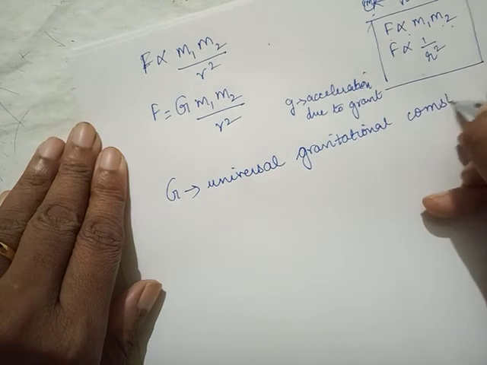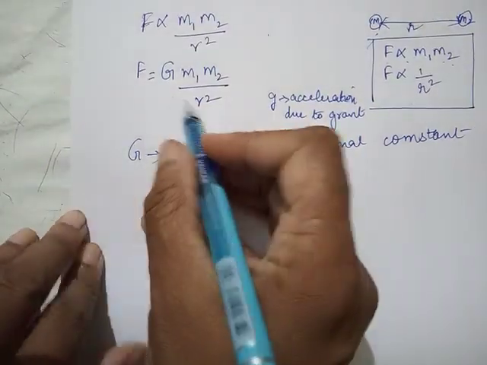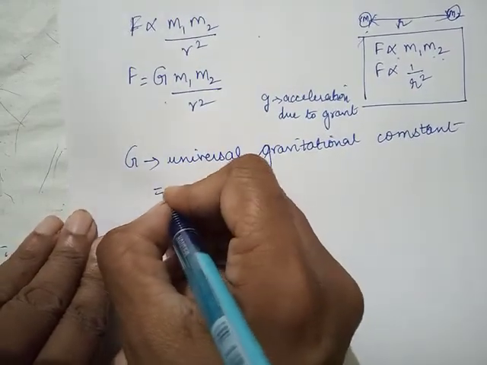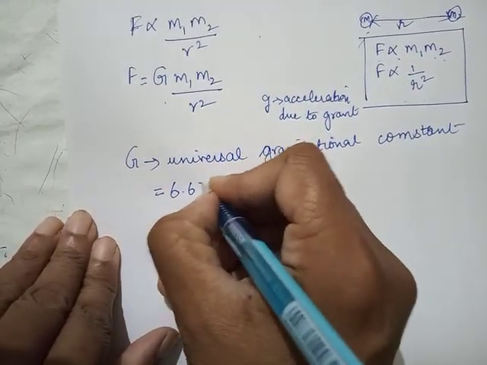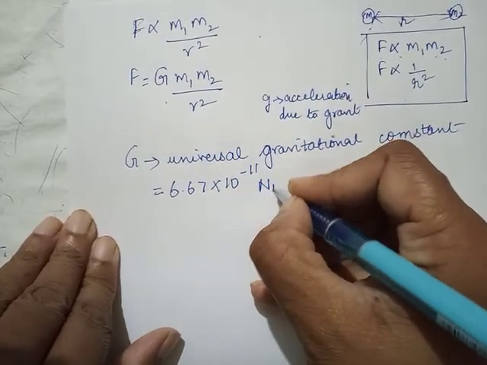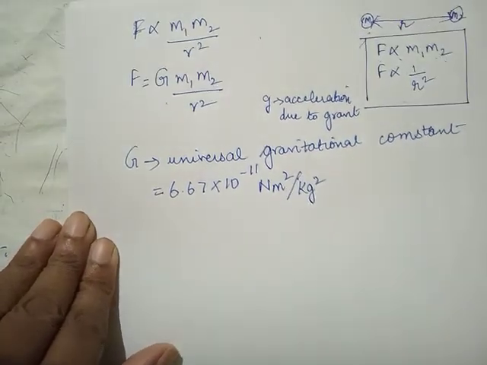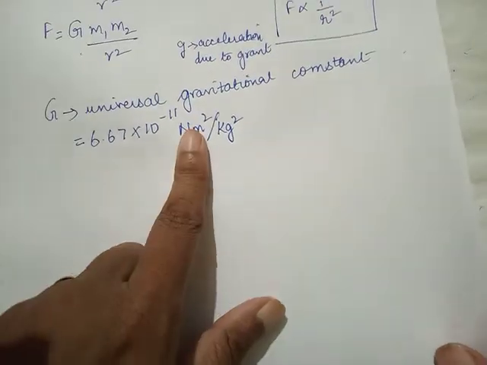It has a particular value everywhere on the surface of Earth, and its value is found to be 6.67 into 10 power minus 11 Newton meter square per kg square.